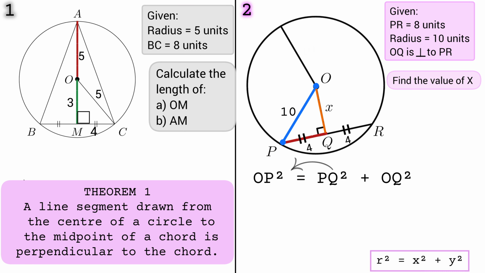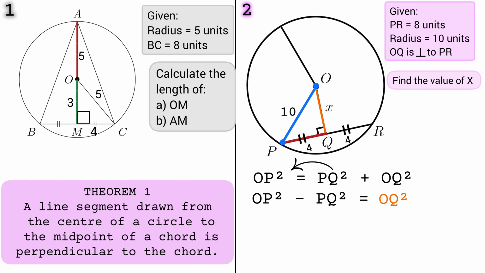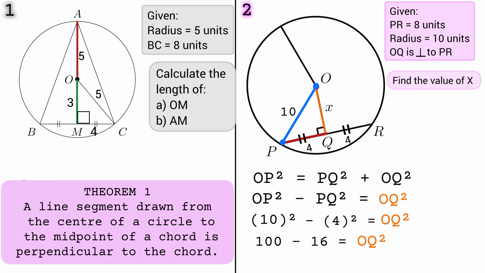We are looking for OQ, so we make it the subject of the formula. The length of OP is 10 and PQ is 4 units. 10 squared is 100 and 4 squared is 16. 100 minus 16 is 84. The square root of 84 is 2 root 21. So the value of X is 2 root 21.